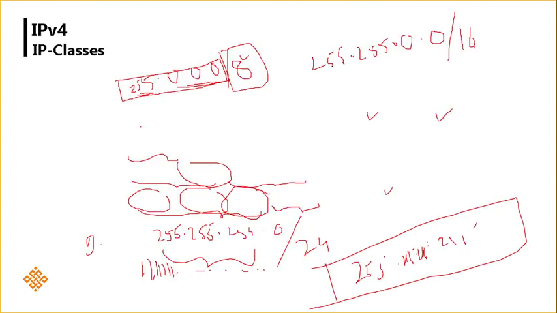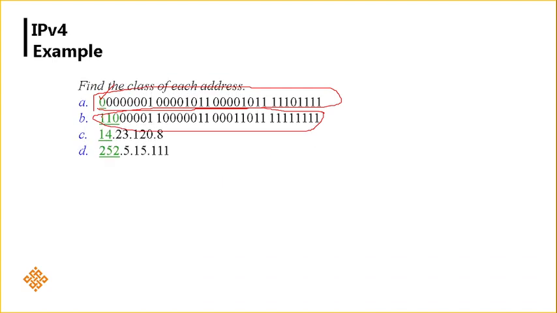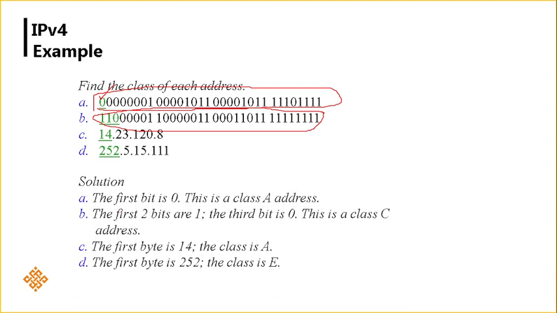Similarly here, since the first bit is 1, I can't say it is class C immediately. The next bit is also 1, so I still can't say it is class B. Only if it is 110 is it class C. If it is 111, I should check the next bit. Like that, you need to check all possibilities and identify. So it is 110, it is class C.